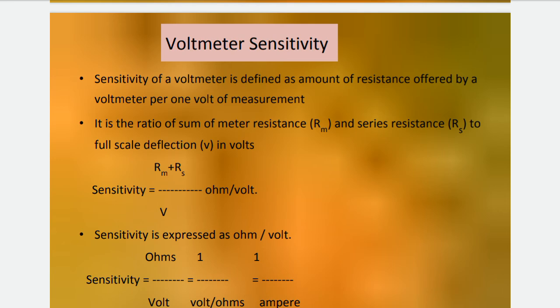While selecting a meter for a particular measurement, the sensitivity rating is very important. A low sensitivity meter may give an accurate reading in a low resistance circuit, but it will produce a totally inaccurate reading in a high resistance circuit.